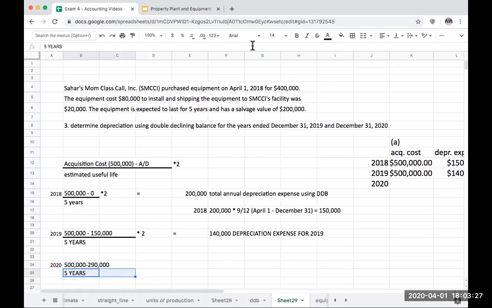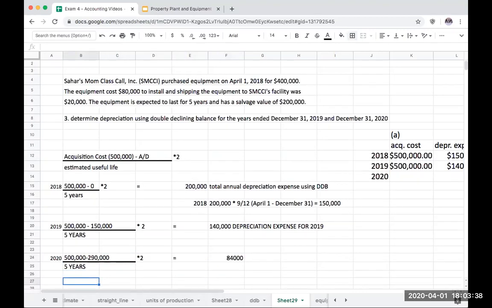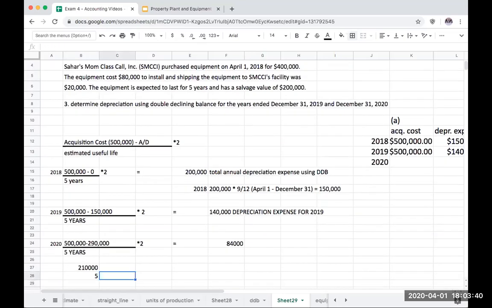I'm going to be multiplying this result by 2, which here is going to be giving me $84,000, or 210,000 divided by 5 times 2. 210,000 divided by 5 is going to be $42,000. 42,000 times 2 is going to be $84,000. Okay.